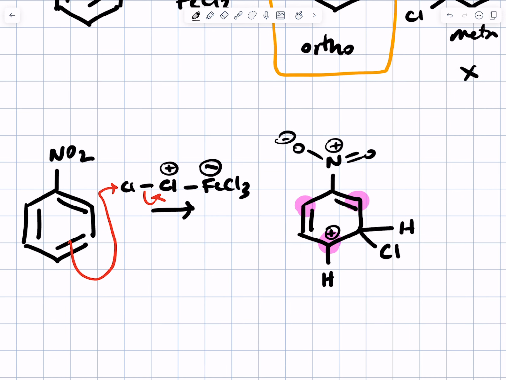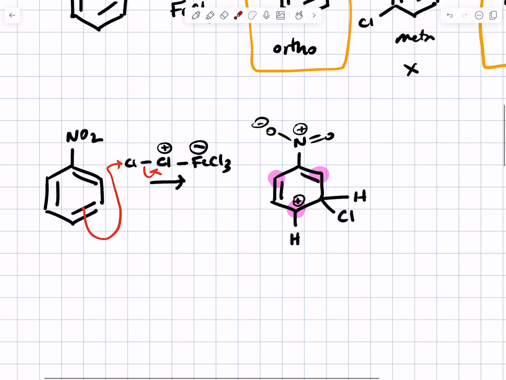So I hope you've had a chance to look at the intermediate that you get from meta substitution. This is the carbocationic, non-aromatic, high energy intermediate that forms when the electrophile attaches at the meta carbon.